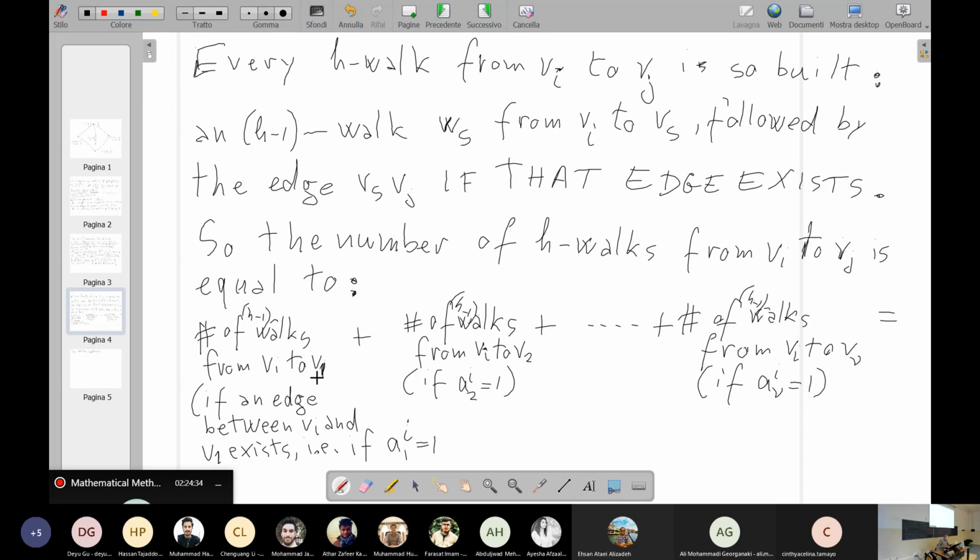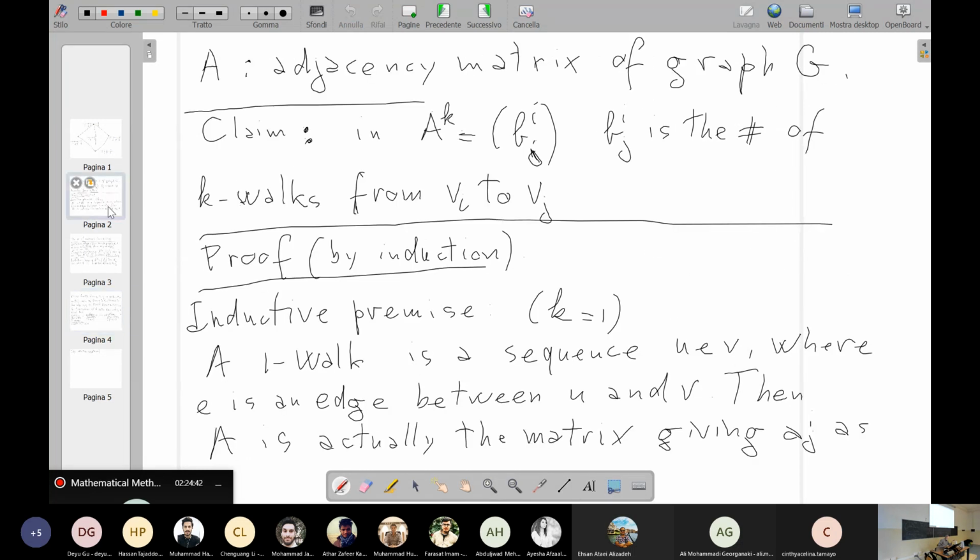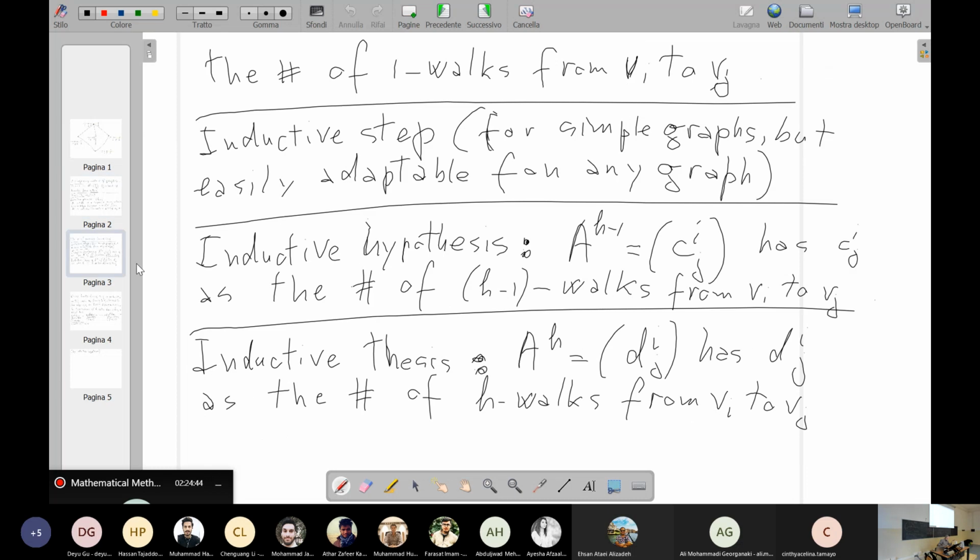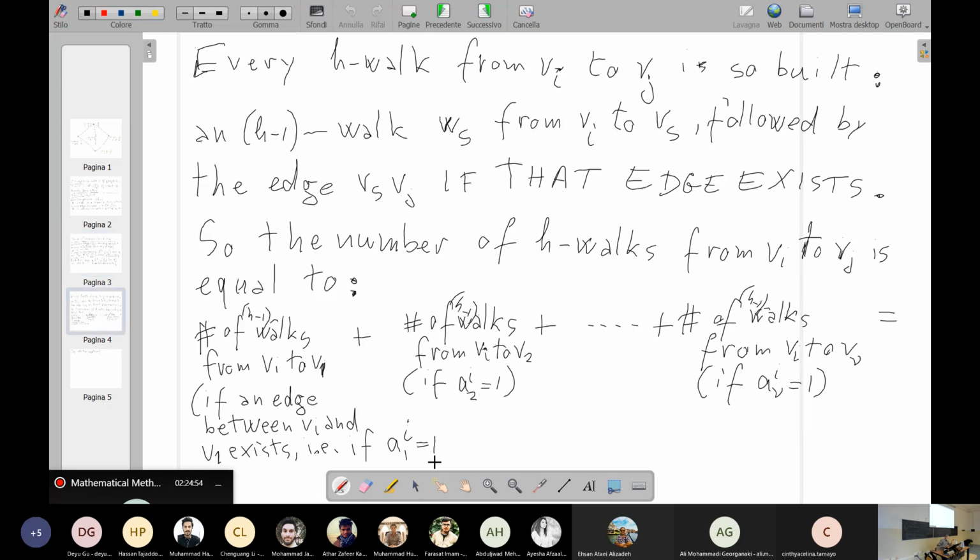And so this is equal to Ci1, element Ci1 of the matrix A raised to h minus 1. We have to count it only if Ai1 is equal to 1. We don't count it if it is equal to 0.